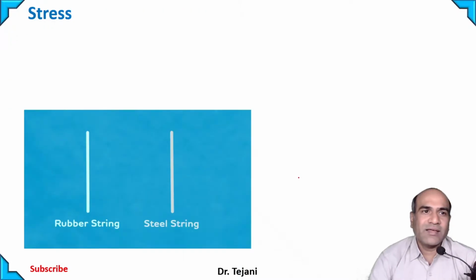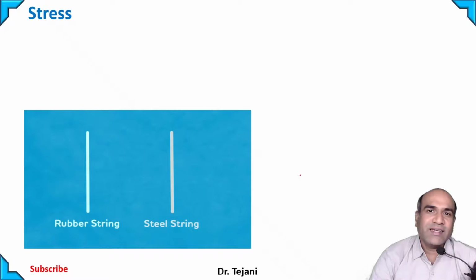Now one more, what is stress? See, we understood elasticity, that is the ability of a material to regain its original shape and size after removal of force. And plasticity is the property of a material to retain its final shape and size after removal of external force.